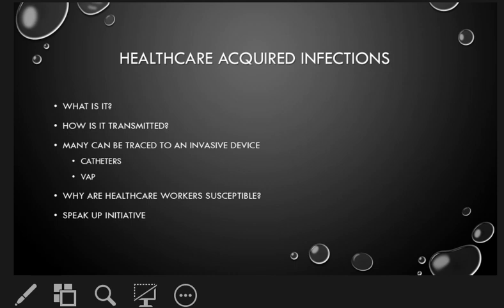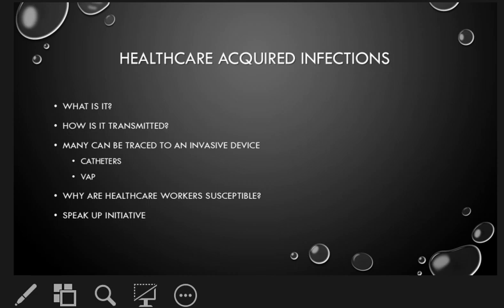So this could be patient to patient, nurse to patient, or even an appliance to the patient. Big ones that we see in the hospital are CAUTIs, catheter-associated urinary tract infections. So this would be from an indwelling catheter such as a Foley. Ventilators are also famous for causing infection for multiple reasons. You'll learn more about that later.